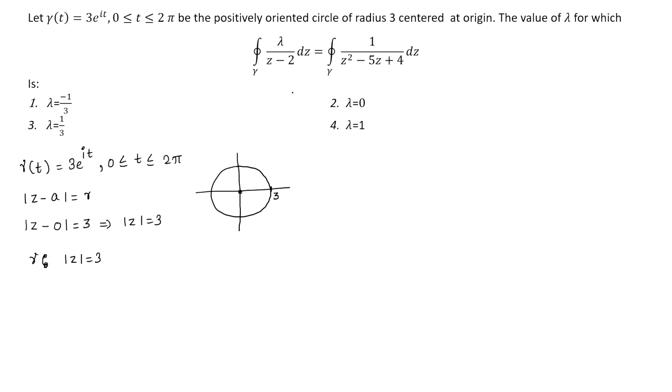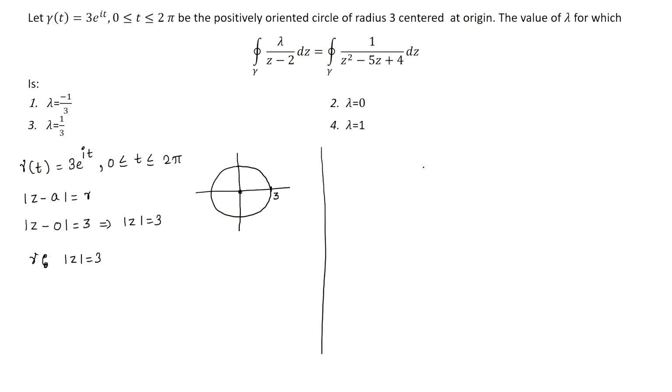Now, we have been given these two integrals and we have to find the value of lambda for which these two are equal to each other. So, for that, we can go for Cauchy's integral formula. So what does Cauchy's integral formula say?